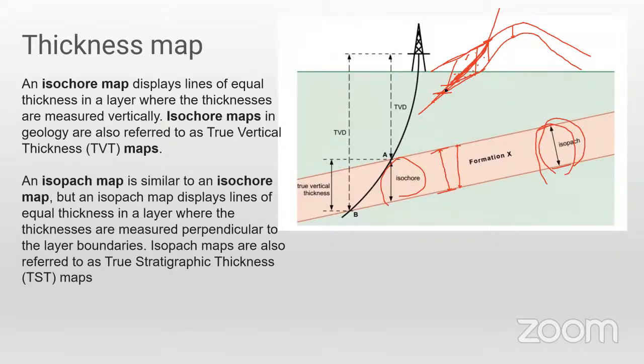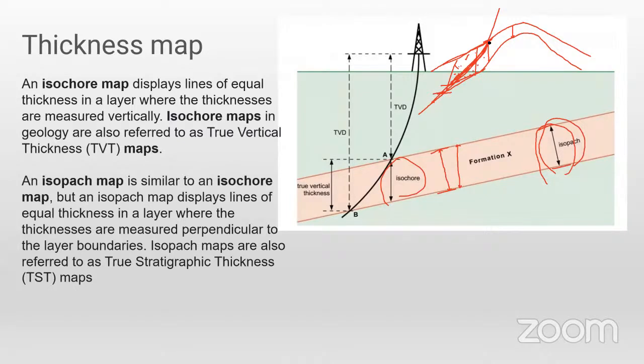So you say, wow, I have an interval with very high porosity and the thickness is, for example, 100 meters. But in reality, because that's a deviated well that penetrated the flank of the anticline, that's not the thickness.